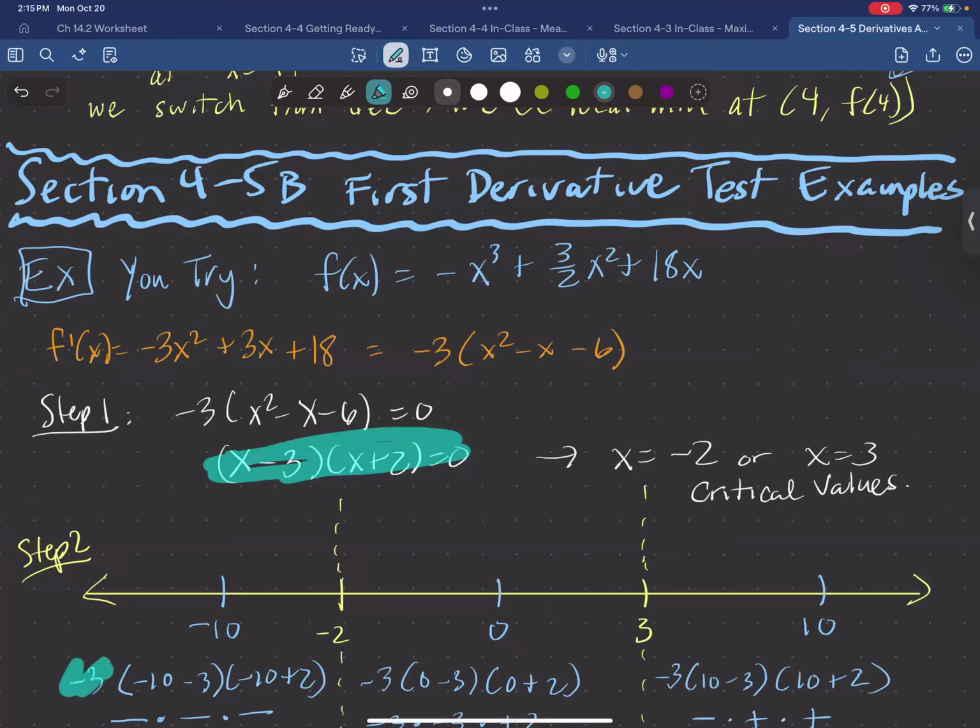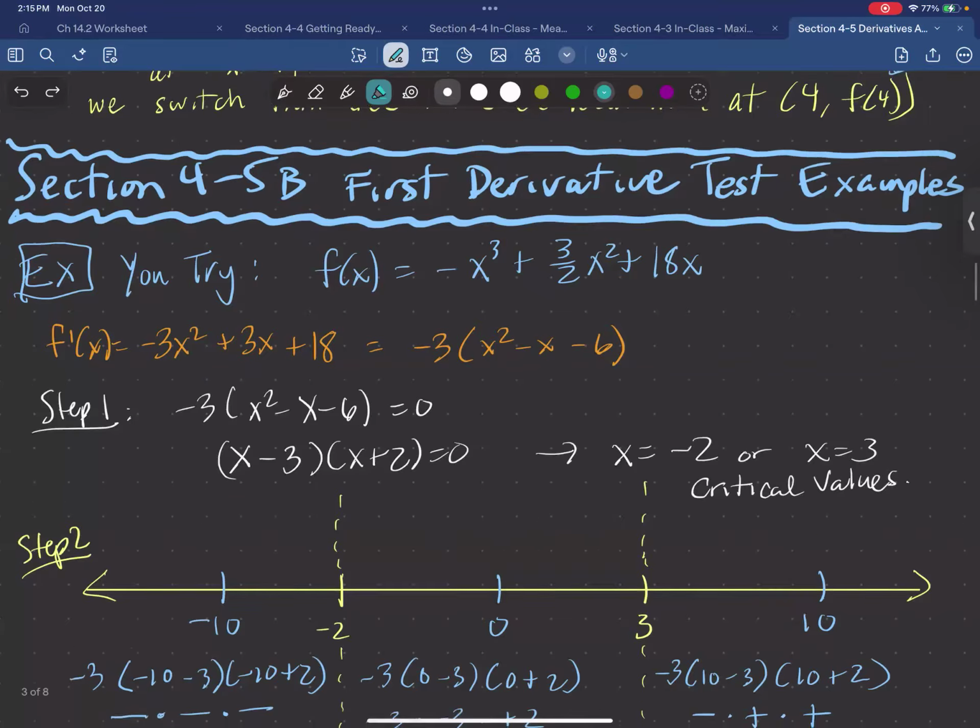But notice when I was doing my calculations for testing values, I had the negative 3 plugged in, because it does affect the sign of the derivative. So you can't get rid of it when you're testing values. But to find critical values, it's fine to divide by the negative 3.